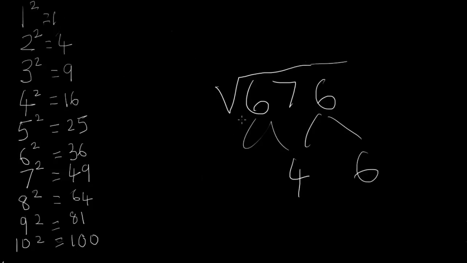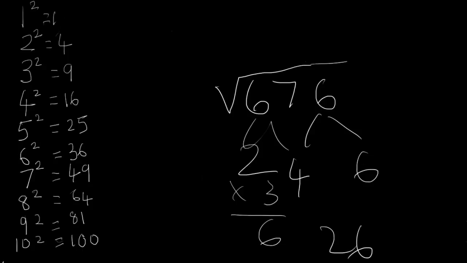So what we need to do is pick the lesser number's square root, which is 2, and multiply it by the next number, which is 3. So 2 multiplied by 3 is 6. So 6 is equal to 6. Since the number is exactly the same, we have to pick the greater number. So the answer is 26.